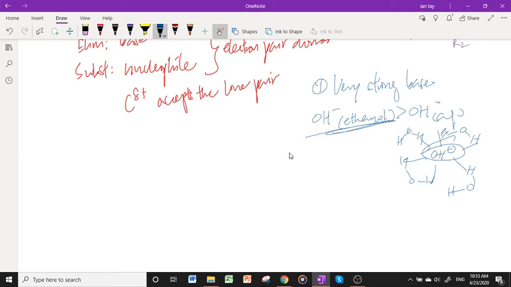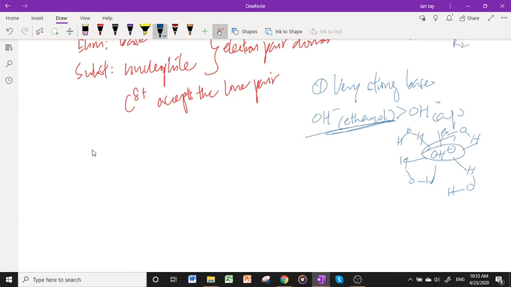And we note that normally basic strength increases faster than nucleophilic strength.